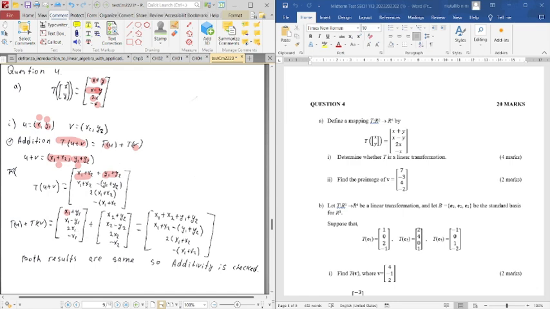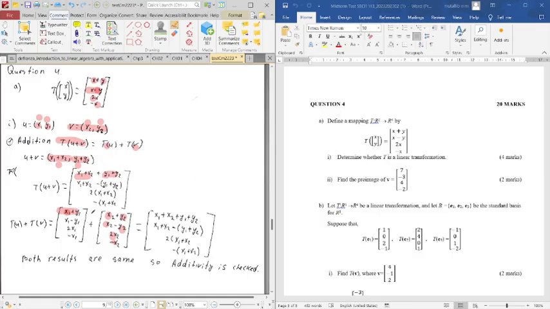And for T of v, we use our v, which is first element x2, second element y2. So when we substitute like we did for T of u, we're gonna get x2 plus y2, x2 minus y2, 2x2, minus x2.